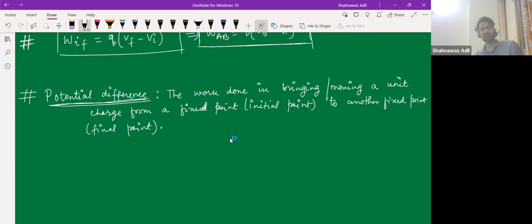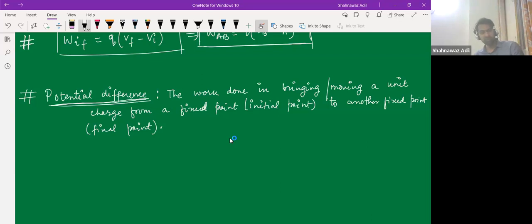We have not talked about energy. We are talking about the amount of work required to move a charge. So that is the amount of work, not energy. We are doing some work, not providing any energy.